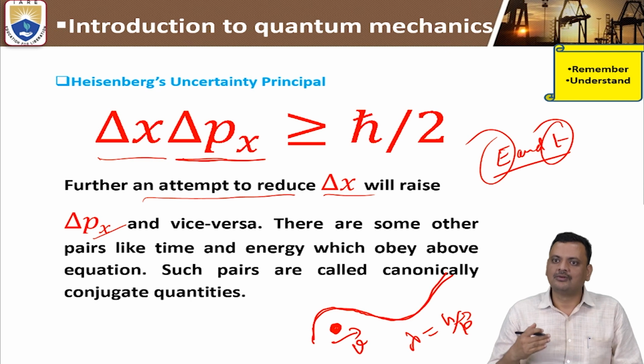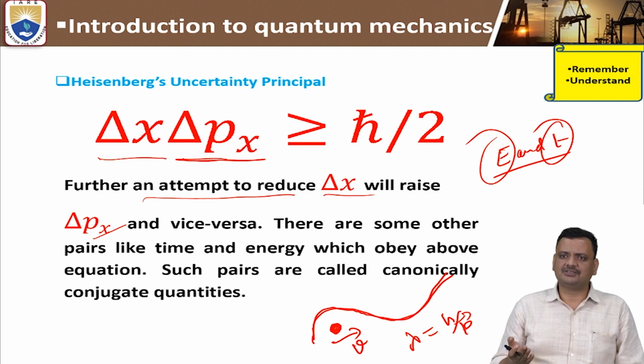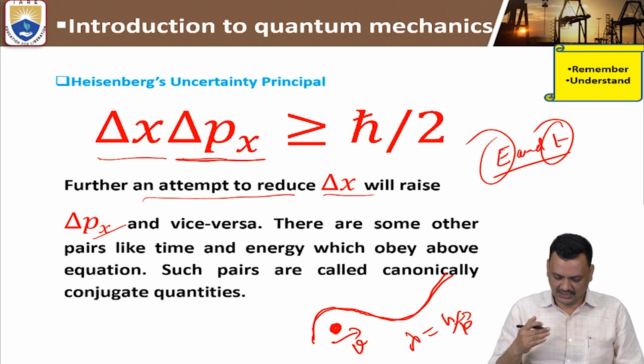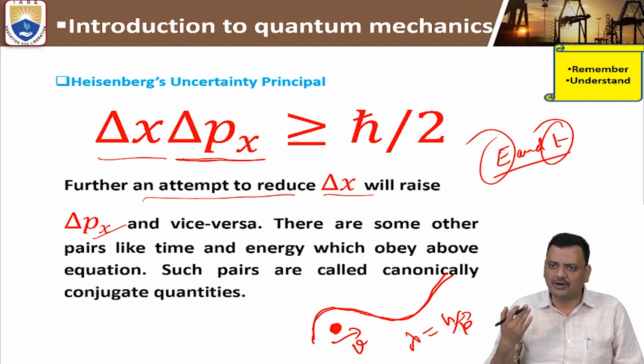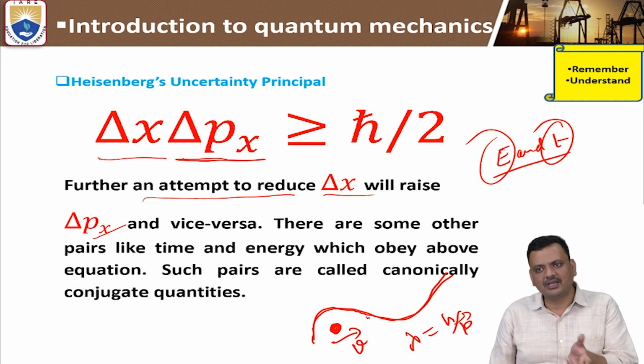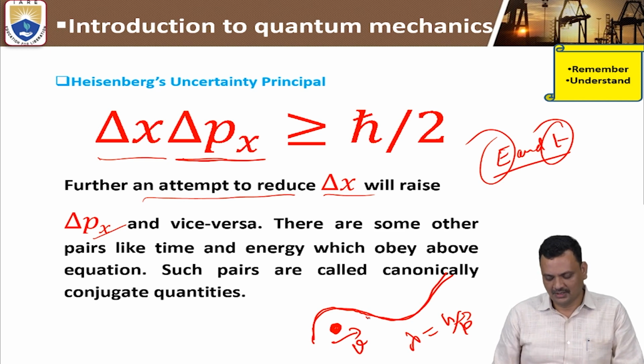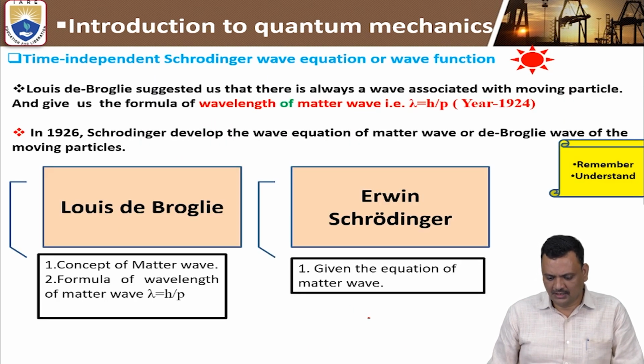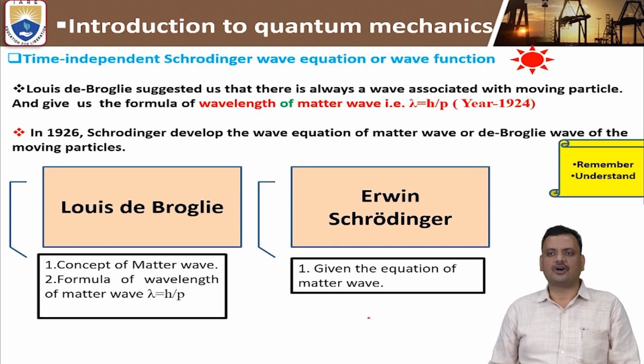Now another scientist comes with his idea. He put forward the equation of this wave; he tried to derive the equation of this wave. His name? Erwin Schrödinger.